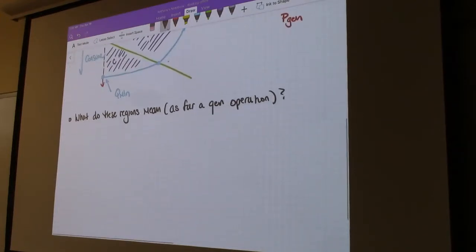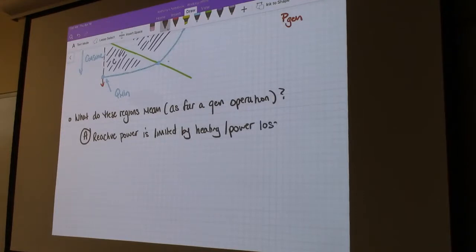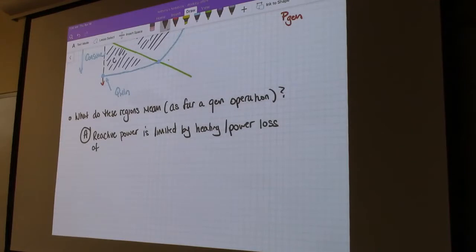Okay, so region A. The reactive power is limited by the heating or the power loss, however you want to say it, through or of the armature coils, windings.